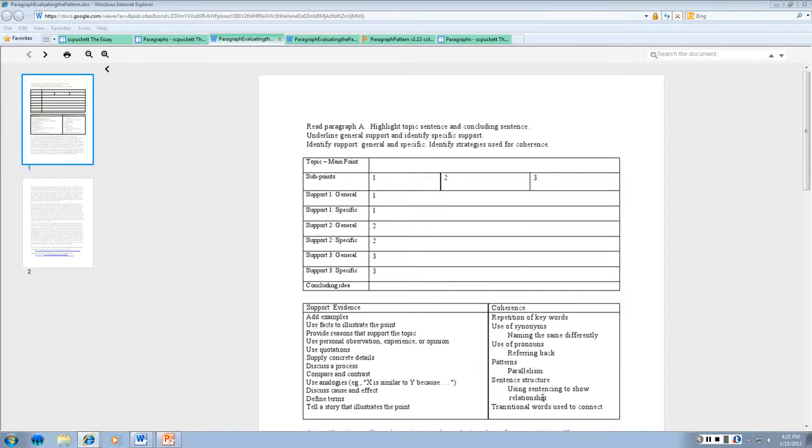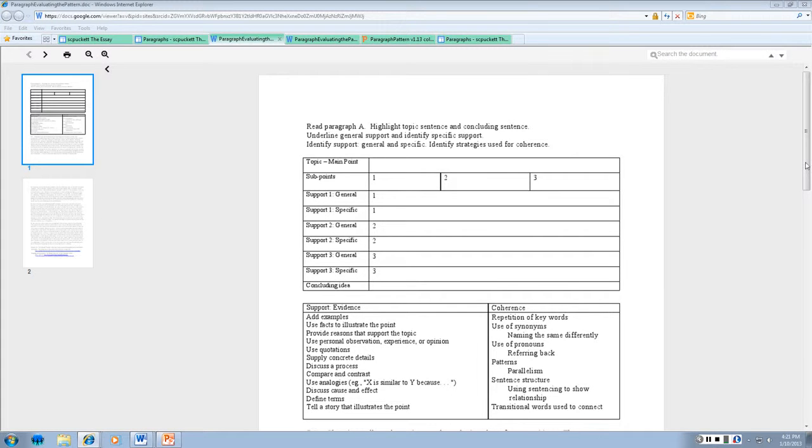You can look for coherence. This provides examples of coherence. And even though there's only one chart, you can still look at the main idea, whether or not subpoints are introduced in the topic sentence, and see if you can identify the general support and the specific point support as well as the concluding idea.